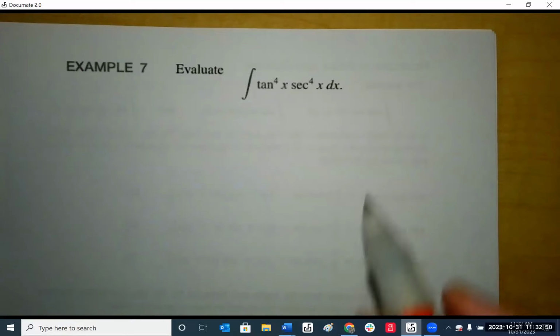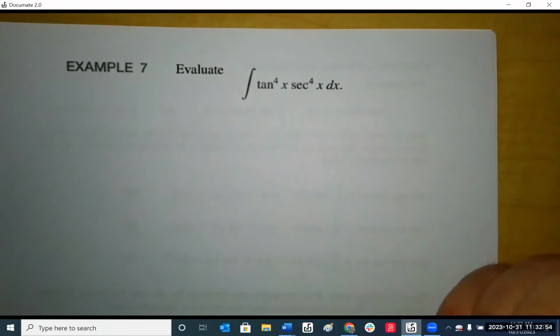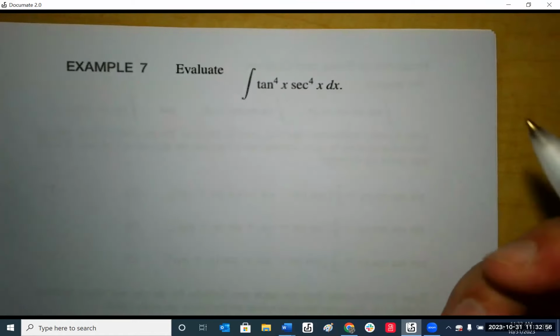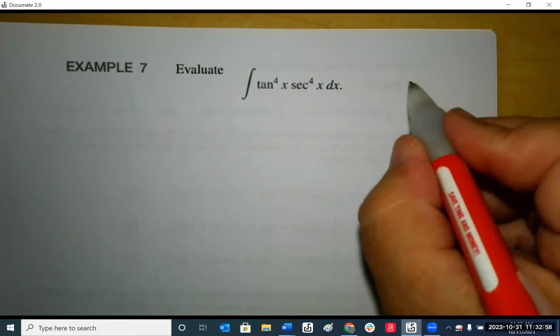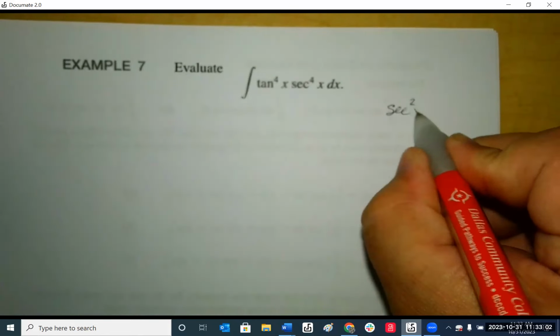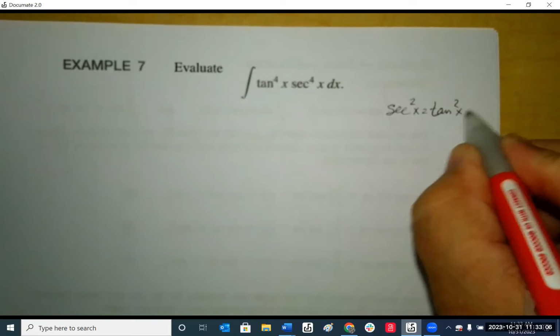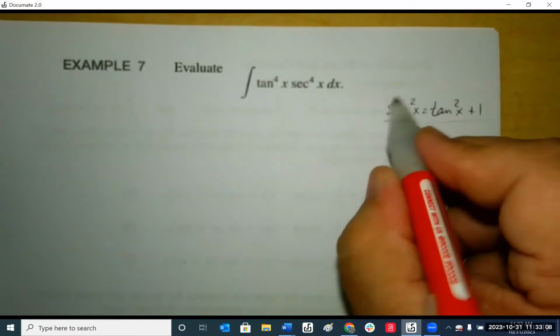Evaluate the integral of tangent to the 4th, secant to the 4th. Okay, the identity we're going to use here is secant squared x is equal to tangent squared x plus 1.